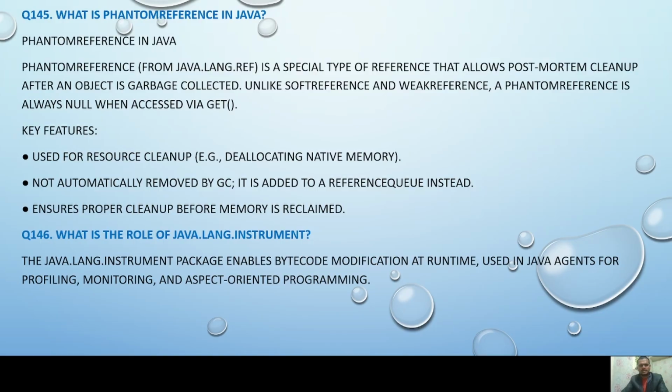Unlike soft reference and weak reference, a phantom reference is always null when accessed by get. Key features: used for resource cleanup, that is deallocating native memory. Not automatically removed by the garbage collector, it is added to a reference queue instead. Ensures proper cleanup before memory is reclaimed.